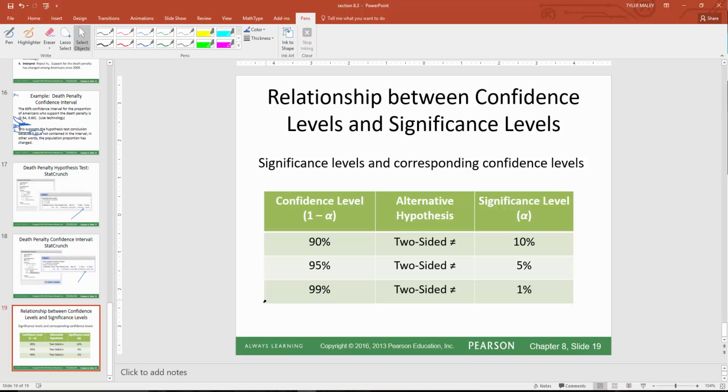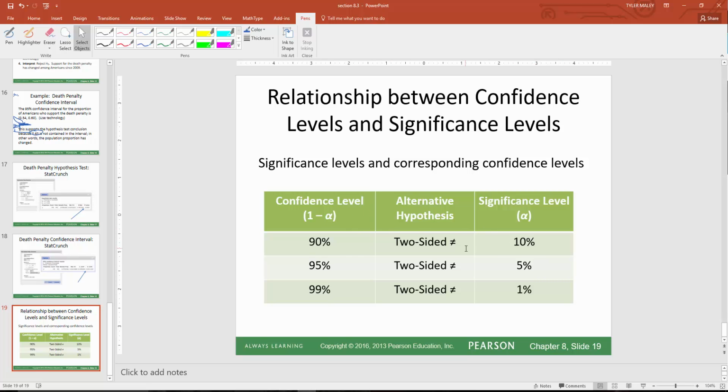This slide is suggesting that confidence levels, which are 1 minus alpha, correspond with the significance level, which is alpha, for a two-sided test. If we have a 90% confidence interval, which is 1 minus alpha, that gives a 10% significance level.